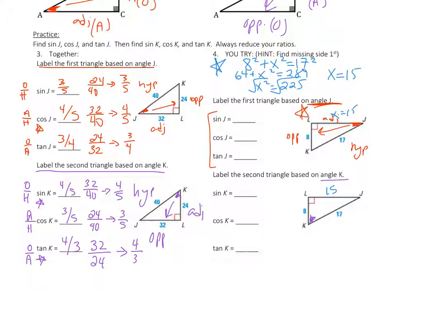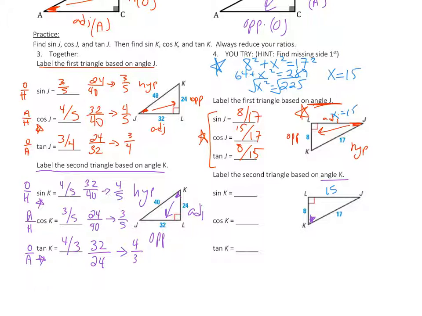So next, I want you to fill out all 3 of these and make sure you reduce your answer. Your final answer should be 8 over 17 for opposite over hypotenuse. Next would be adjacent over hypotenuse, so 15 over 17. Tangent is your opposite over adjacent, so 8 over 15.